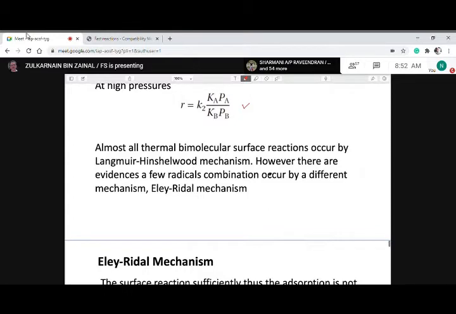Okay, so this Langmuir-Hinshelwood mechanism is in fact a popular mechanism compared to other mechanisms. Almost all thermal bimolecular surface reactions occur by this mechanism. However, there is also evidence that a few reactions occur by a different mechanism, which I'm going to show next.